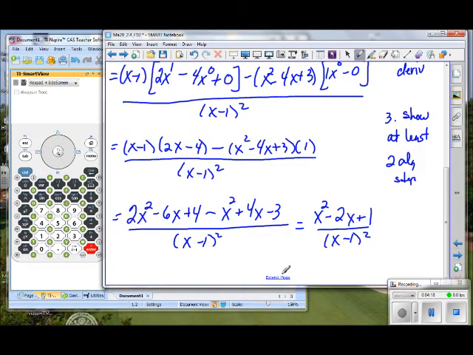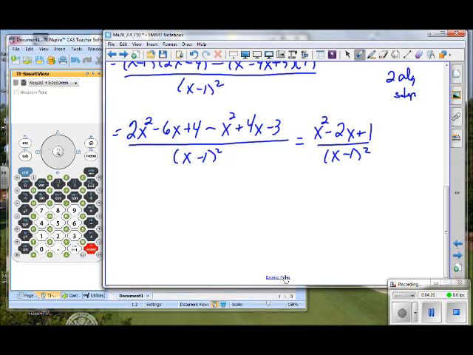Now the next step I would expect you to do is to ask, can we simplify this last step? Can we factor that? And as it turns out, yes we can. It's going to be x minus 1 quantity squared divided by our denominator, and it turns out to be equal to 1.